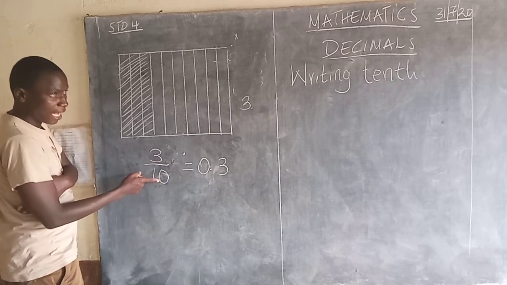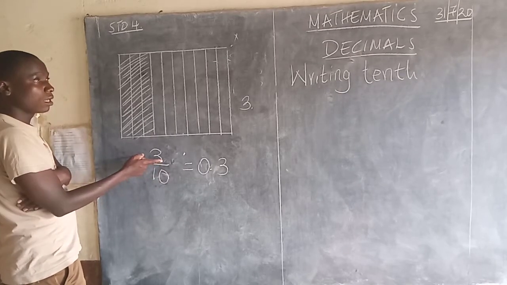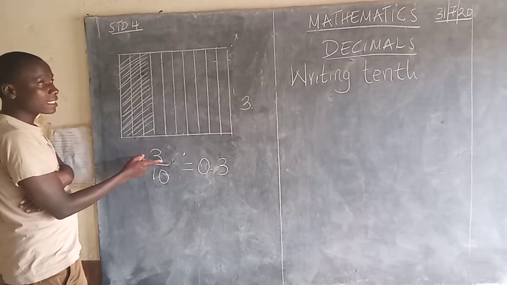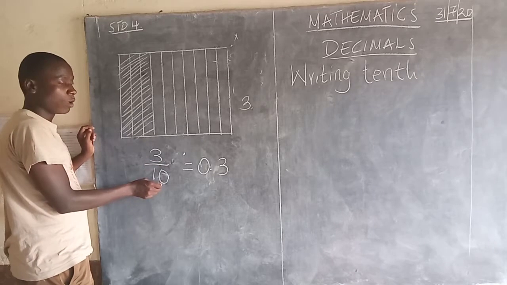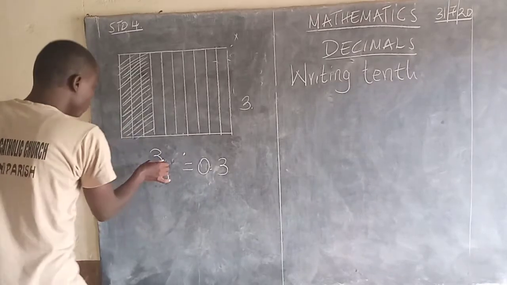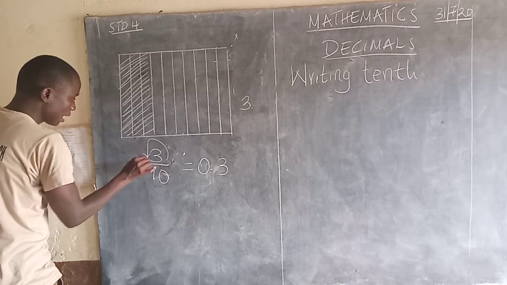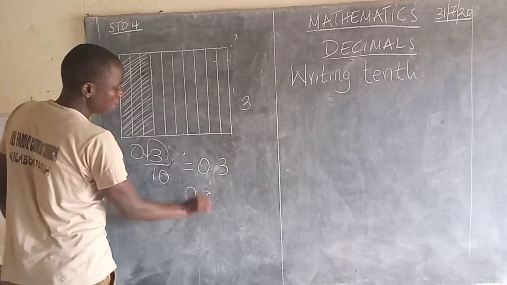We have 10 here, 10 meaning we want to move this decimal. How many steps? One step because of the 0, it is 1 0. We move it one step towards your left hand side. So you move it like this and you put it there. So here you just put a 0, your answer becomes 0.3.